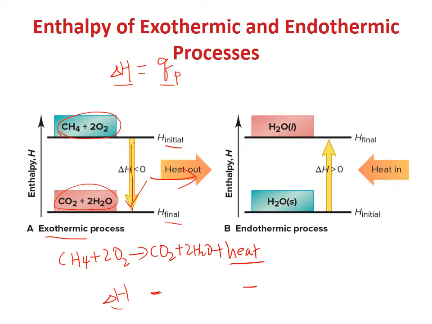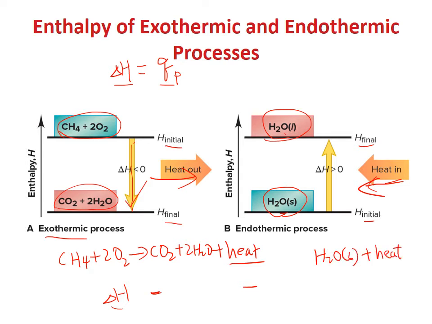On the right side shows ice, solid water, melting to form liquid water. So ice is the initial state, liquid water is the final state. And when ice melts, it absorbs heat from the surroundings into the system, and so we can write heat as a reactant. So ice plus heat.